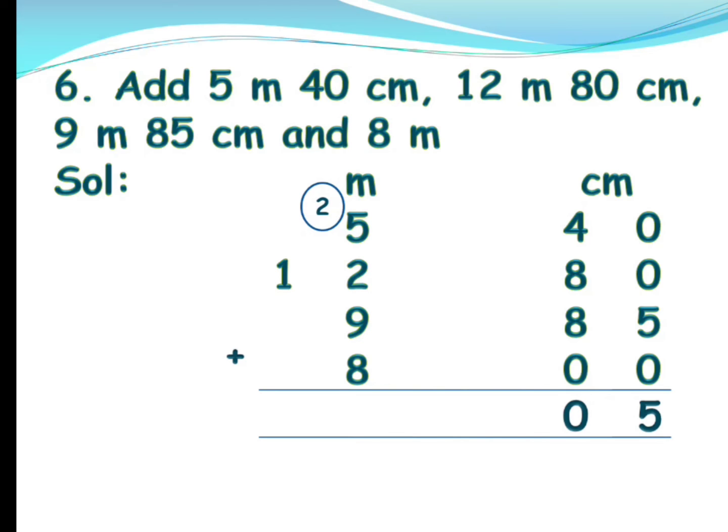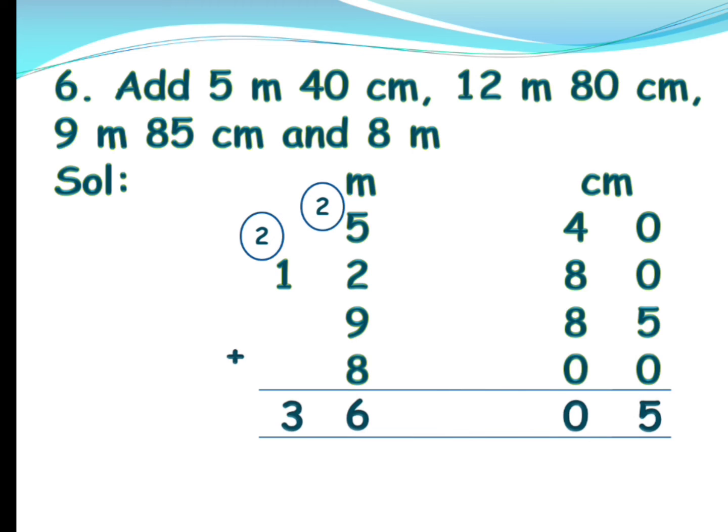Now 2 plus 5, 7, 7 plus 2, 9, 9 plus 9, 18, 18 plus 8, 26. So 6 you will write it down and 2 you will carry. Now here in tens place in meters, 2 plus 1 will give us 3, 36.